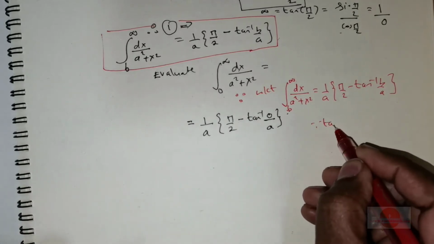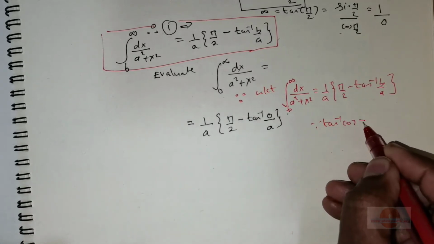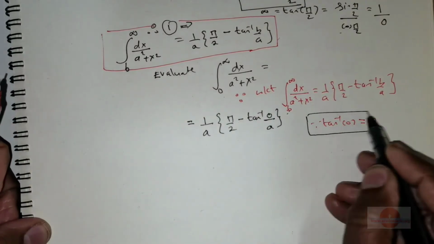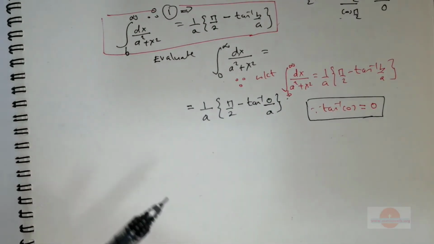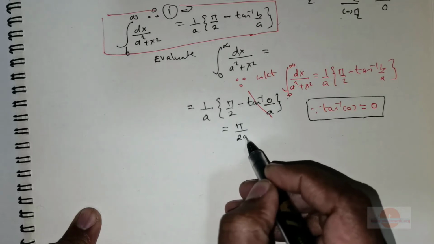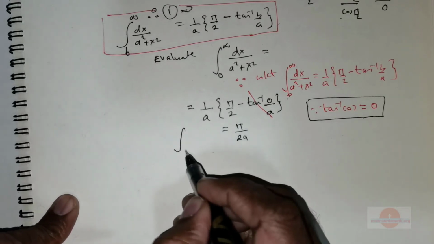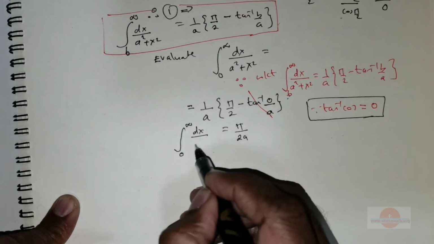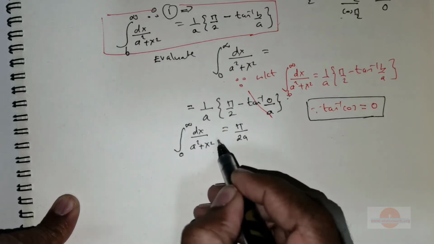We know that tan inverse of 0 is equal to 0. So this is going to get cancelled. So we would now have pi divided by 2a. On the left, it's nothing but the integral from 0 to infinity of dx divided by a squared plus x squared.